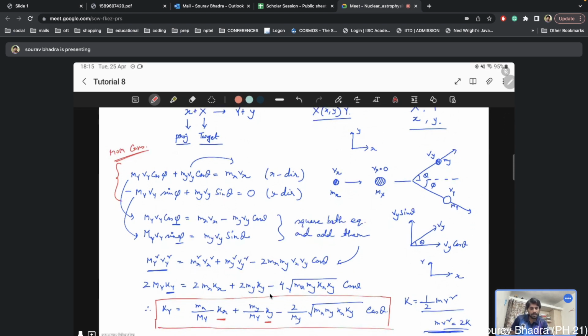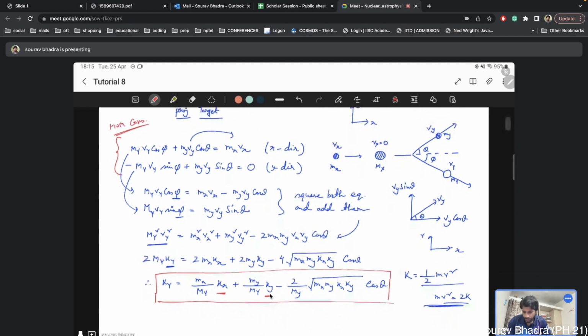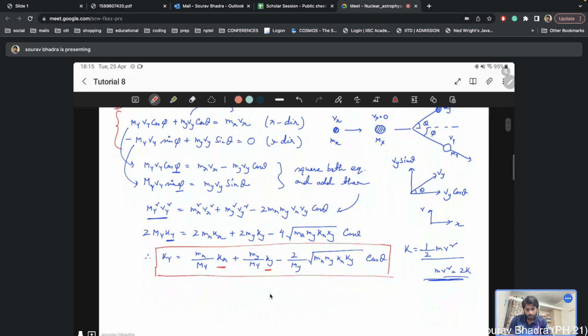So here you can see only the angle theta is there, not phi. Now one thing we can do from this equation is try to eliminate.